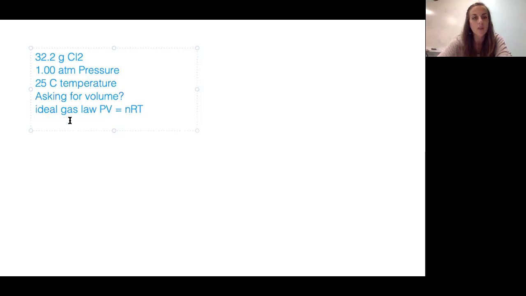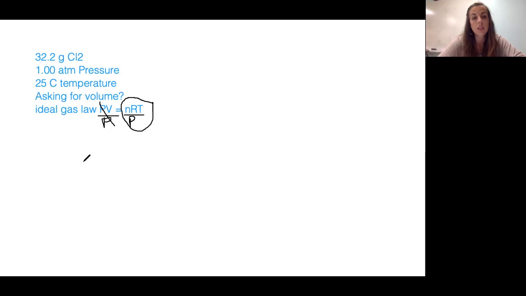Let's solve first for V so that we know what formula we're going to use. I would rearrange this to solve for V, dividing both sides by pressure so that pressure cancels. So this is my formula to solve for volume.